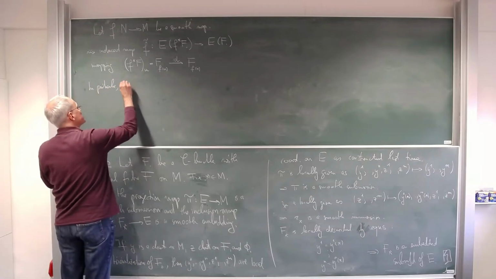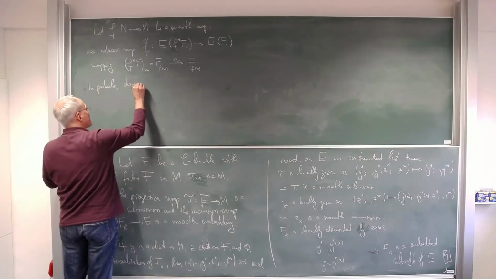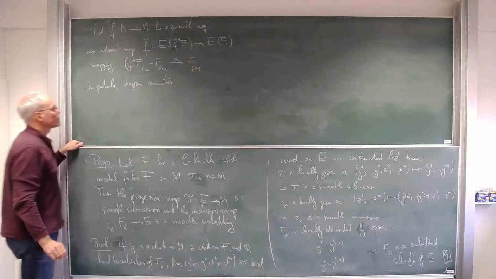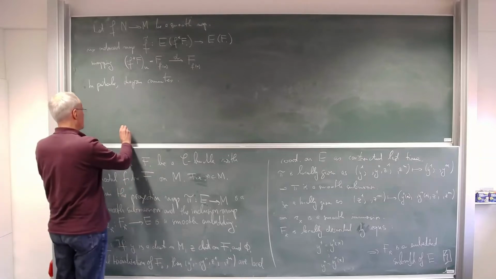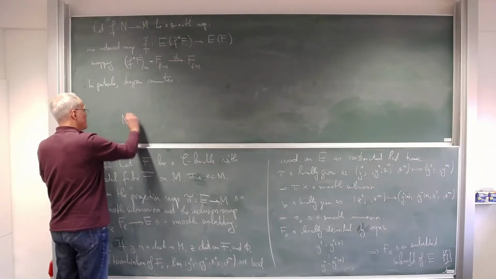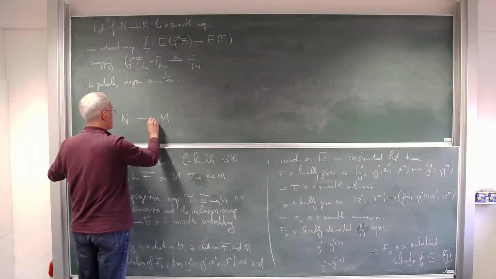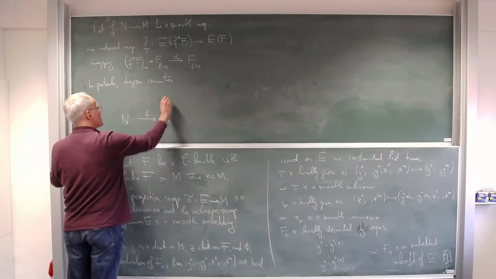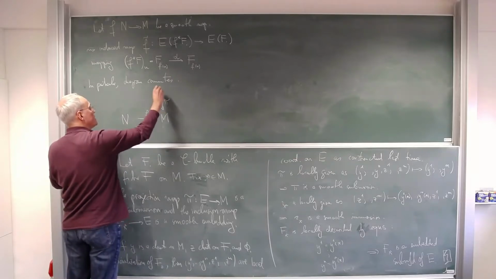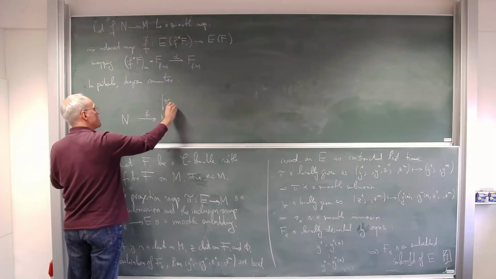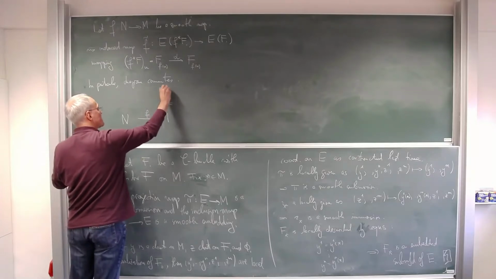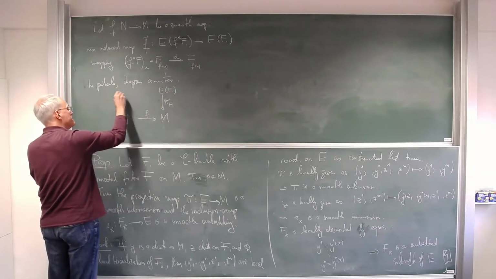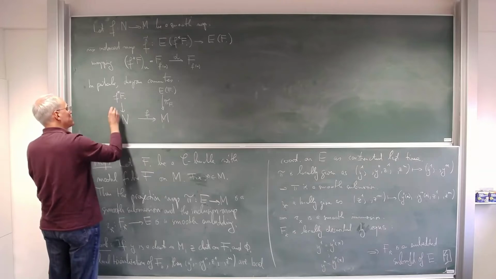And so in particular, we have the following diagram. Here we have the manifold N, here we have the manifold M, here we have the map F, here we have the projection of our bundle E, and here the total space of that bundle. Similarly, here we have the pullback bundle and the corresponding projection here.